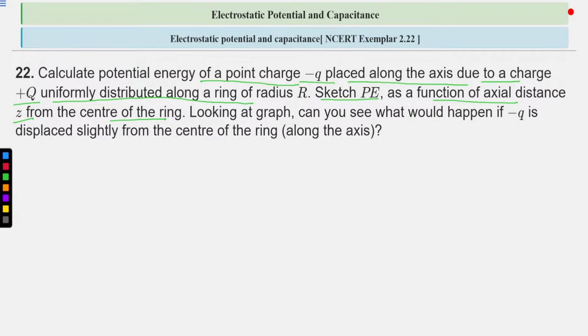Looking at the graph, can you see what would happen if minus Q, a small charge, is displaced slightly from the center of the ring along the axis? I will give you some time to think about it.